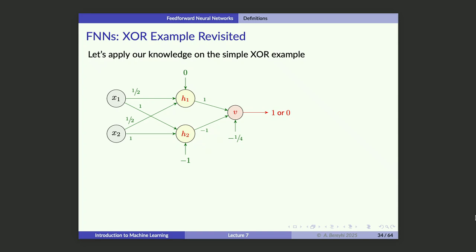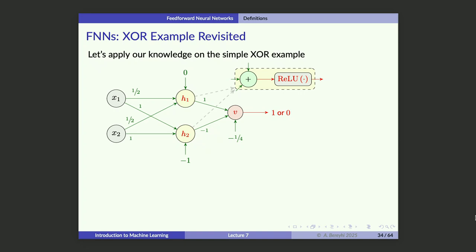X1, X2. So these are the input layer. And what is happening inside every single one of those hidden neurons? For instance, in H1 or H2, you always have whatever is coming from the previous layer, multiplied with their weights, added up, added with a bias, and then activated by a ReLU function, right? Correct?